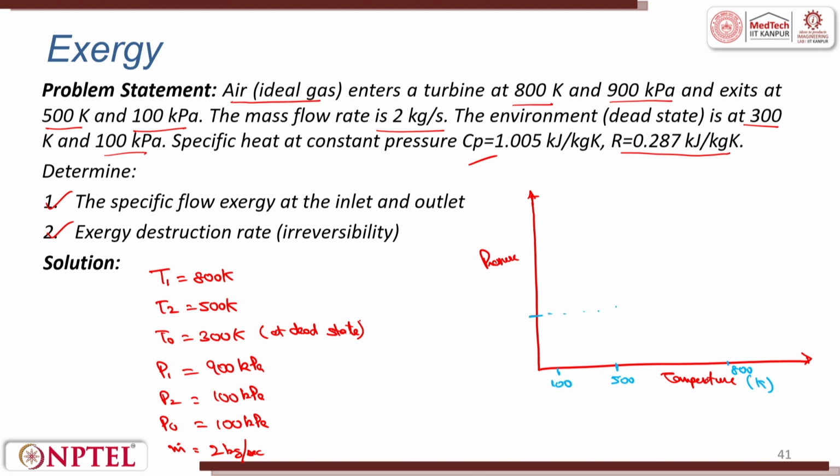Here we have a point from which it starts, that is exergy that is being destroyed, and from 100 kilopascal pressure it goes to 900 kilopascal pressure. At 900 and 800, we can find a point that comes here.